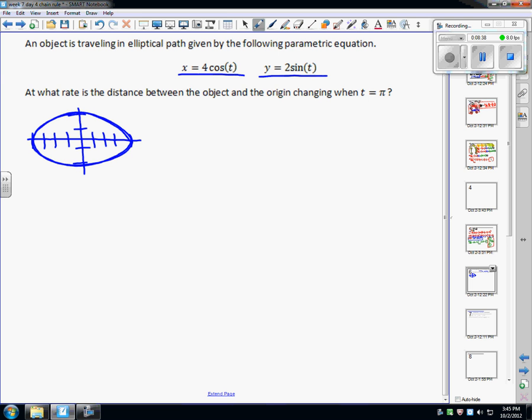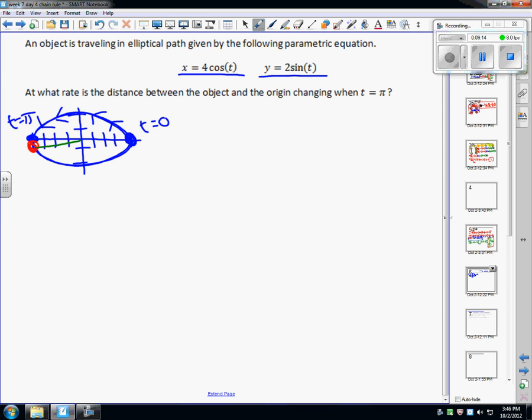And notice, if I started at t equals 0, I'd be moving that way. And when t equals pi, which is what we're caring about, as this guy moves around right there, I want to know how my distance is changing from the red dot back to the origin.